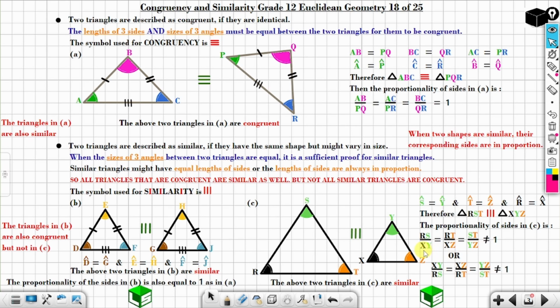Can you see XY, XY, XZ, XZ, YZ, YZ. Okay, we are going to use this in many examples. Okay, so let's move on.